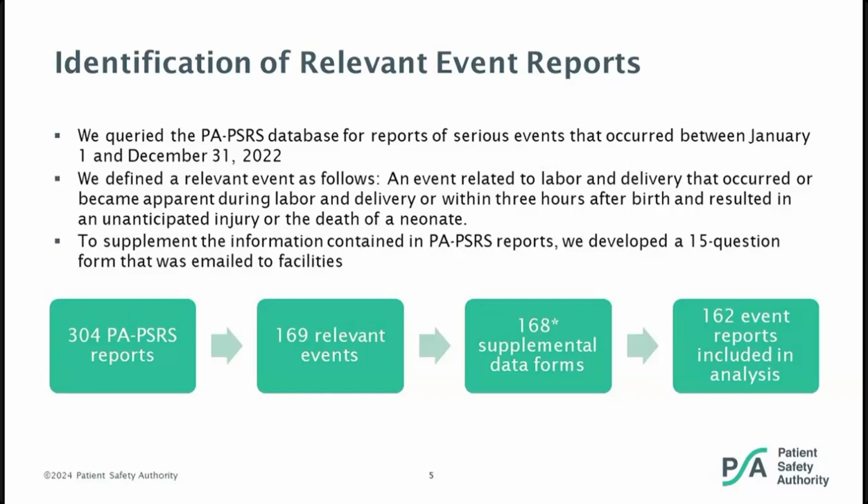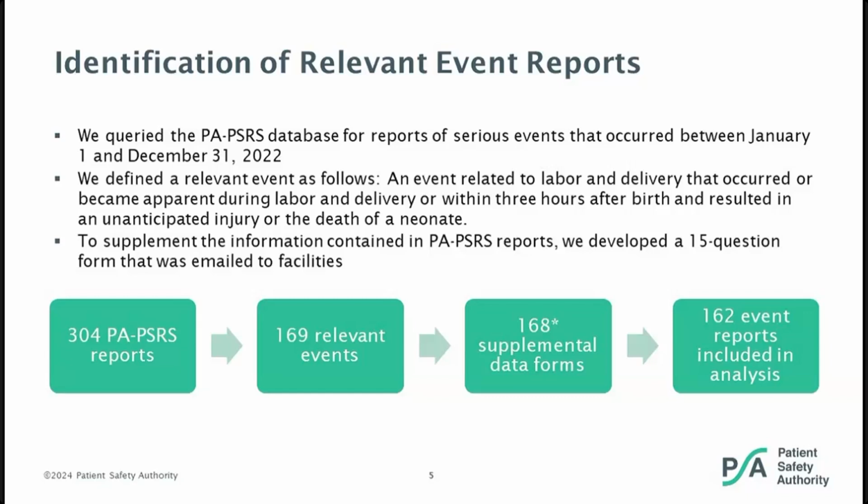We then decided to supplement the information contained in the reports by developing a 15-question form that was emailed to facilities asking about individual events to get some more information related to labor and delivery. We sent 168 supplemental data forms.